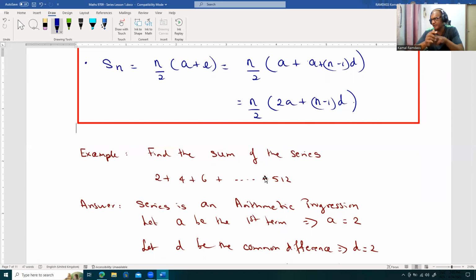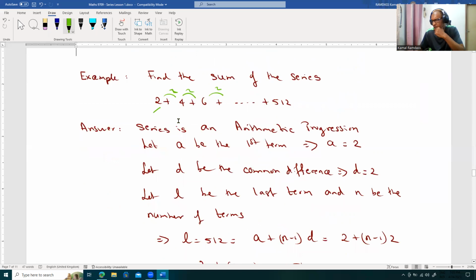Let A be the first term, which is equal to 2, and the common difference is 2. Let D be the common difference, let L be the last term, which is equal to 512, and N is the number of terms.